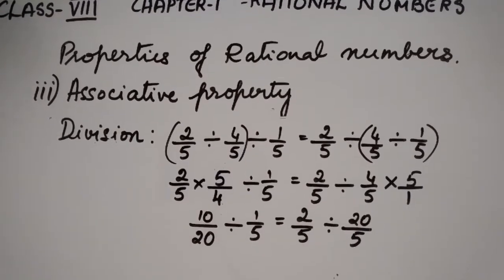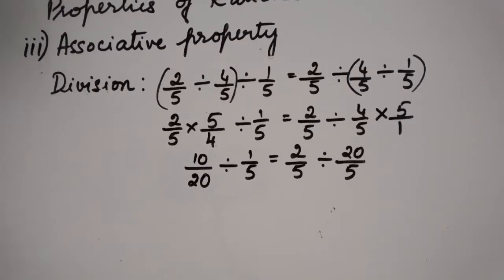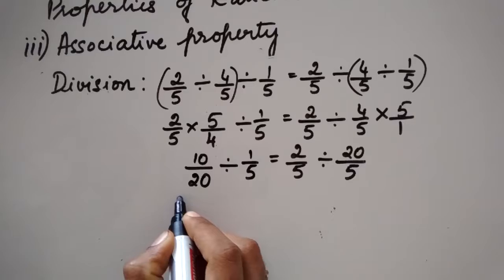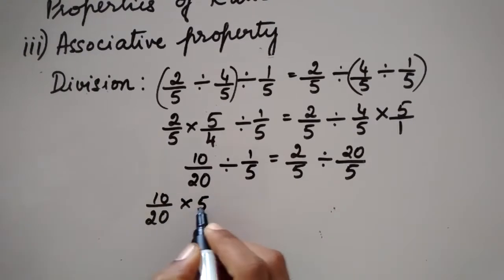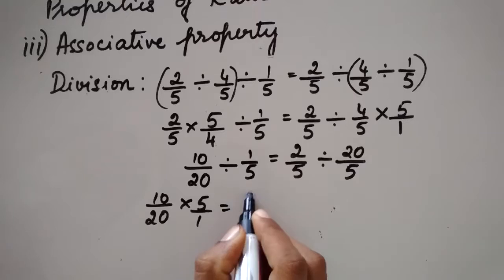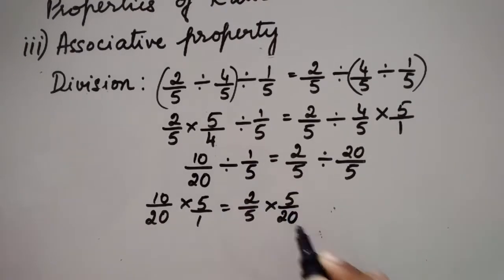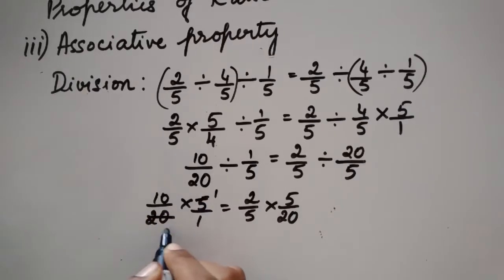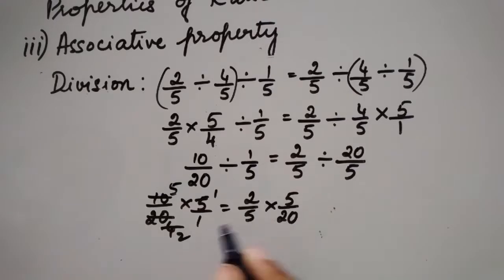So next I have here 10 by 20 into 5 by 1 is equal to 2 by 5 into 5 by 20. 5 ones are 5, 4 5s are 20, 2 2s are 4, 2 5s are 10.